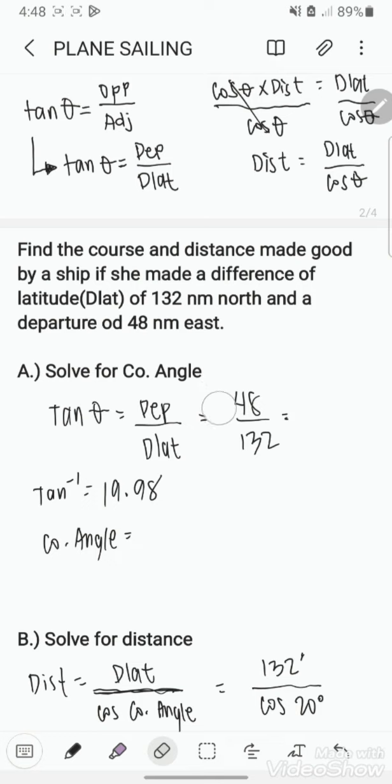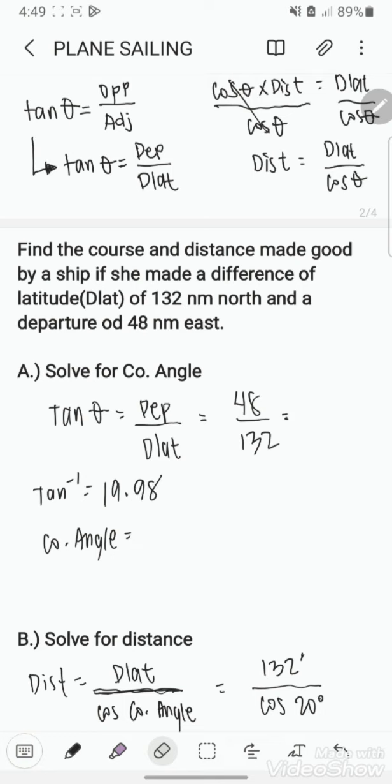So we just plug in: departure 48, dlat 132. We use the calculator to solve for that. 48 divided by 132. We come up with the answer, and then we shift tan, and the answer is 19.28.